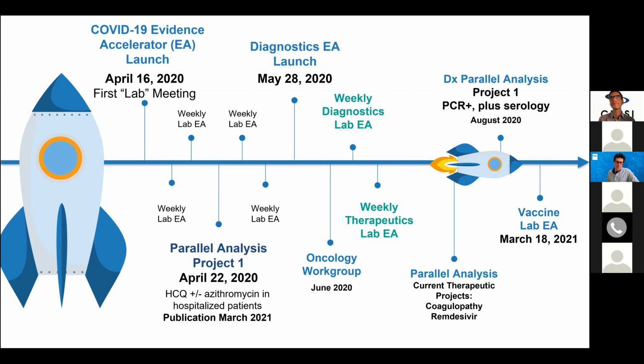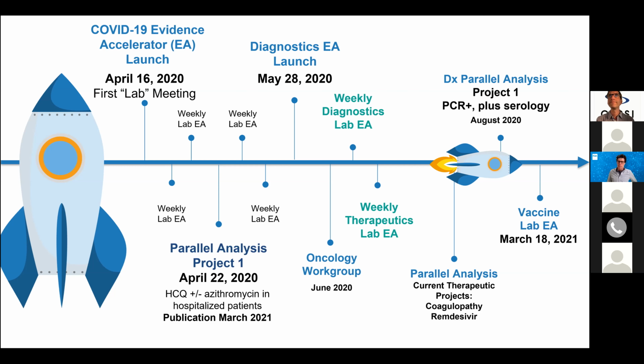Then, to support work on COVID diagnostic tests, the Evidence Accelerator expanded its work portfolio in May of 2020, and then extended to work on vaccines starting in March of 2021, approximately timed with the commercial availability of the initial COVID vaccines.